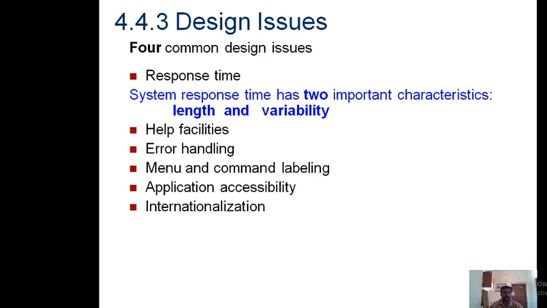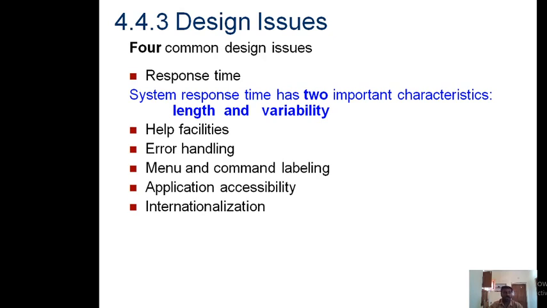If you do not provide proper error handling, it also creates issues. Then the next point is menus and command labeling. When you are developing menus and providing commands in your interface, you must provide proper labeling. For example, if you take MS Word, we are providing a menu bar.